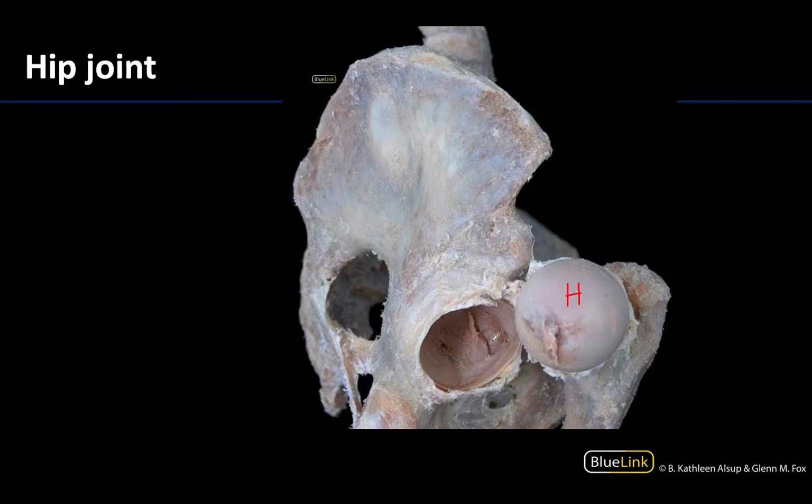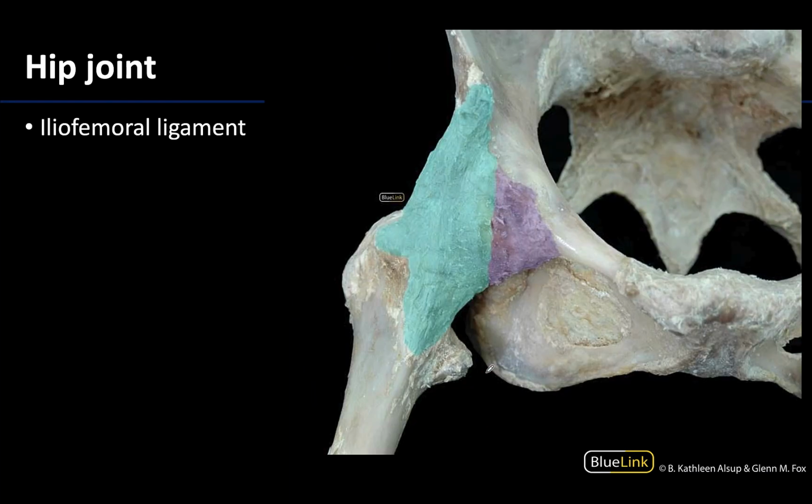It would be within this region here, which is the acetabulum. And you can see that there's some ligaments and so forth that are associated with this region that have been removed in order for us to really be able to see that. But that is what we are looking at here, and those are the bony parts of the hip joint.